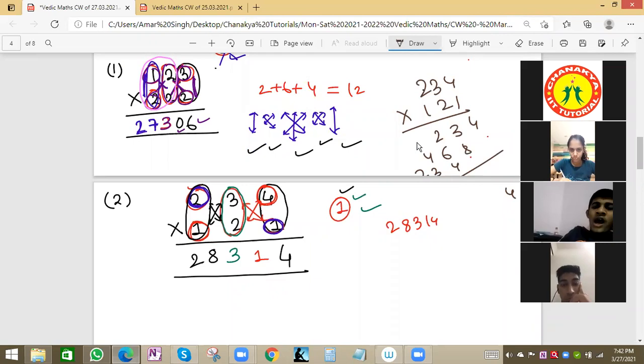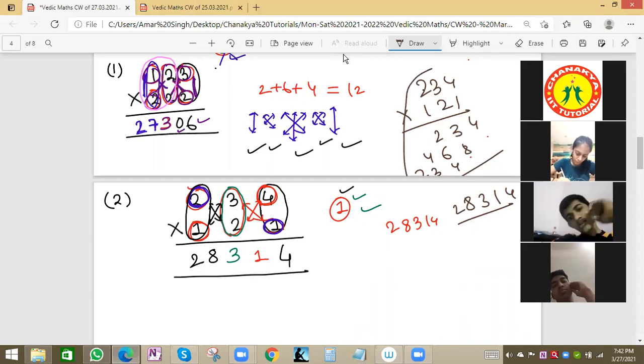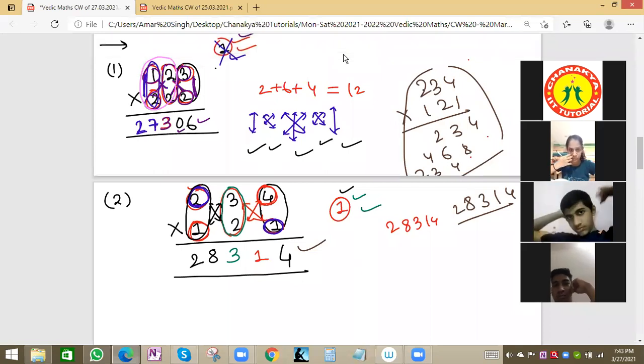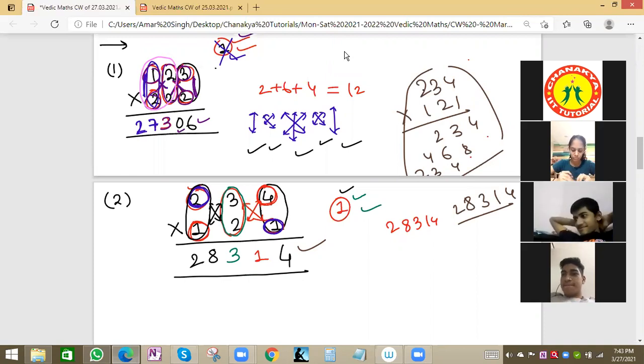So 4, 11 carry 1, 3, 9, 3, then 9 and 4 is 13 carry 1, 8 and 2. This is our lengthy traditional approach. All these things we are doing in one line. So always it will take less time, always about half of the time, because values are also 3-digit numbers, that's why.